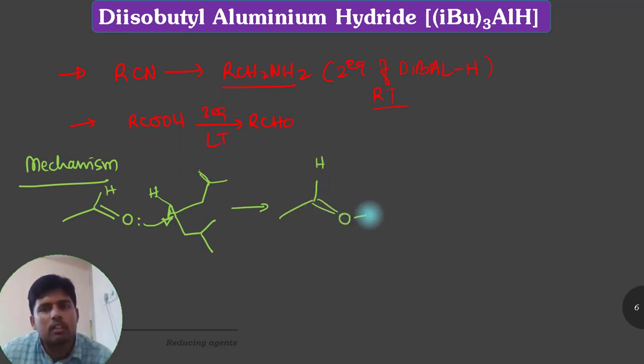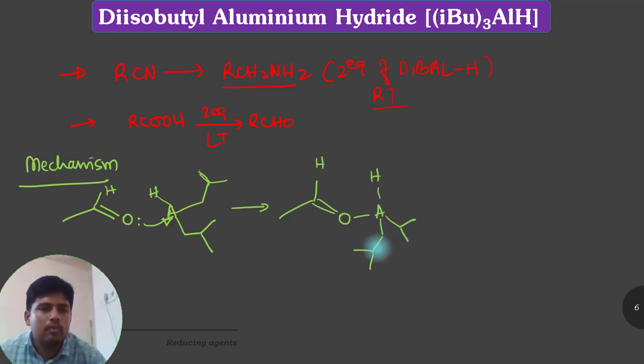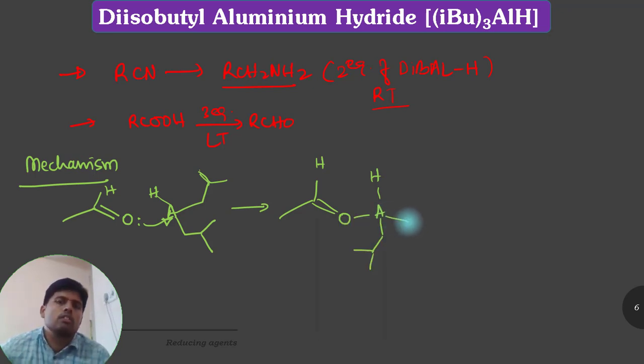That's the main reason why this reaction, wherever there is an involvement of only one equivalent of DIBALH, this is a tetrahedral intermediate.